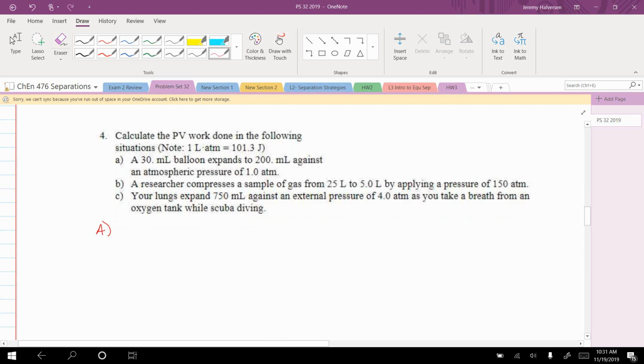Okay, so I know that work equals negative P delta V. So work equals my pressure, negative 1 atmosphere, times delta V, which will be 0.2 liters minus 0.03 liters, equals negative 1 atmosphere times 0.17 liters, which gives me negative 0.17 liter atmospheres.